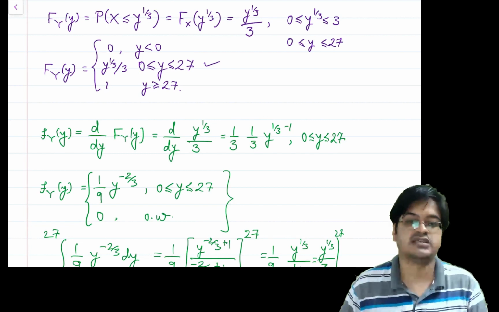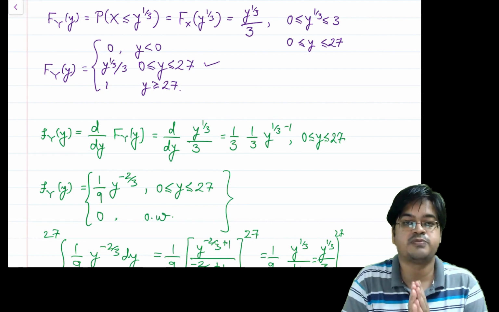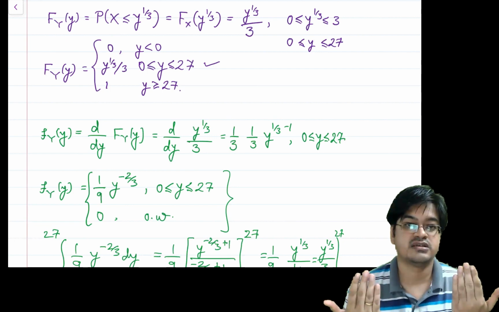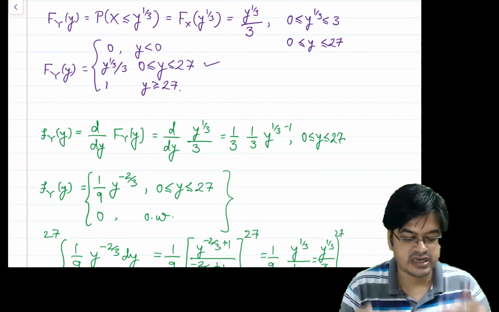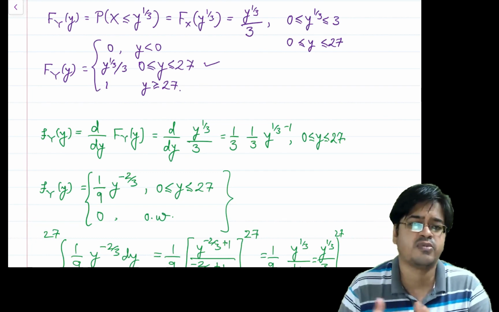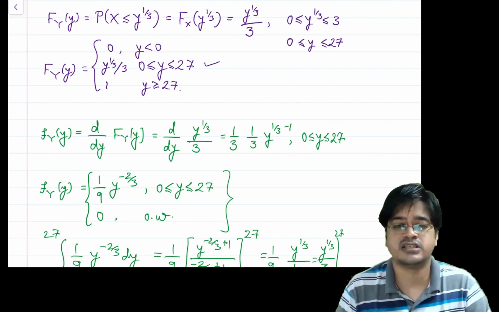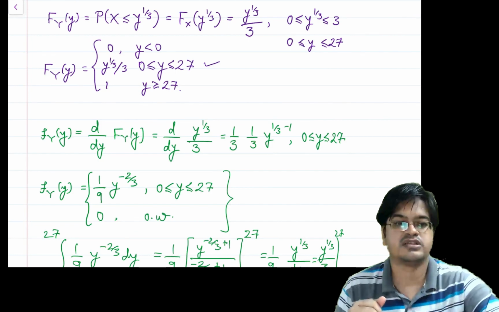So at some place it is decreasing, at some place it is increasing. So one way is you can split the function into two parts and you can find the density, or the other way is you can simply use the CDF approach, which doesn't bother about whether the function is increasing or decreasing. Okay, that's all for this part.